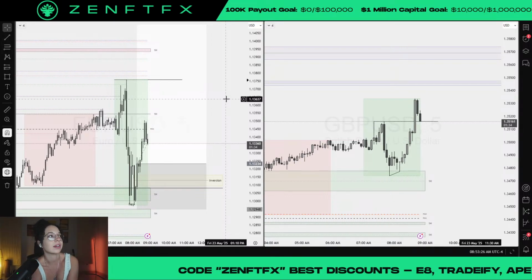Trading is the most counterintuitive thing that you can do, because this is the only game where the less you do, the more that you make. The more you let go, the more you make, the easier things become. The more you attach to an outcome, the harder it is going to be for you to get the results that you want, because the markets just don't work that way.